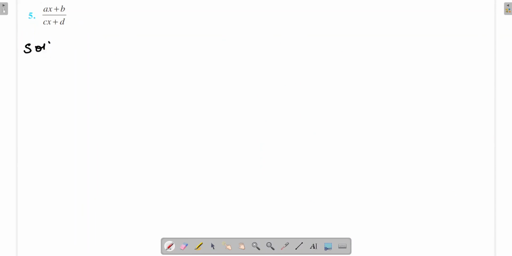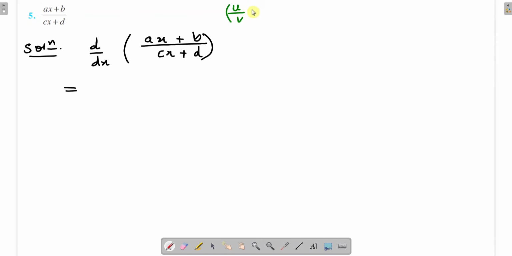So the fifth is what? A u by v function, so the derivative of ax plus b divided by cx plus d. This is of the form u by v, so the formula is this: u by v means we are using the quotient rule.